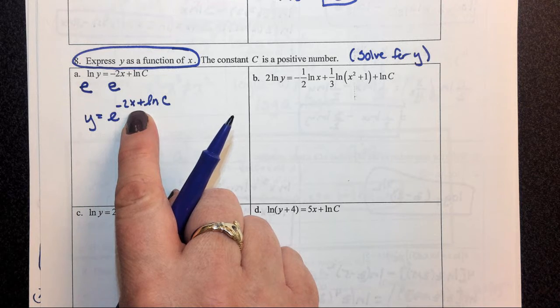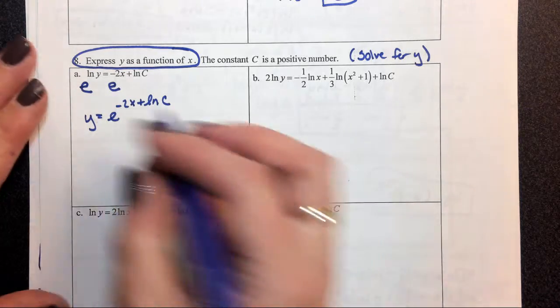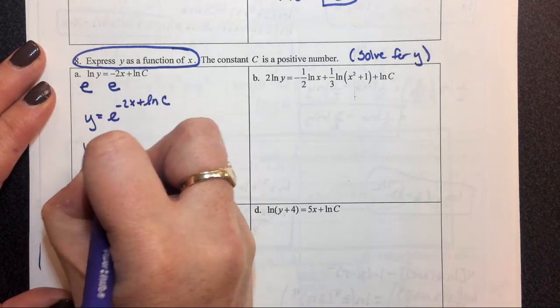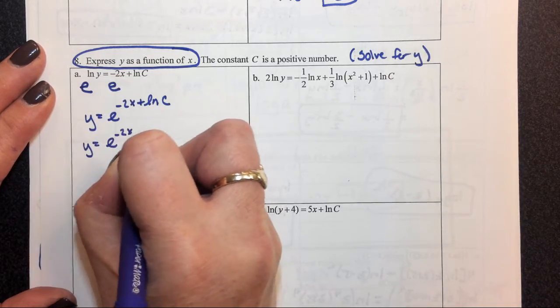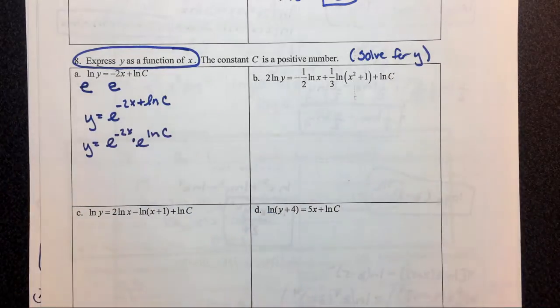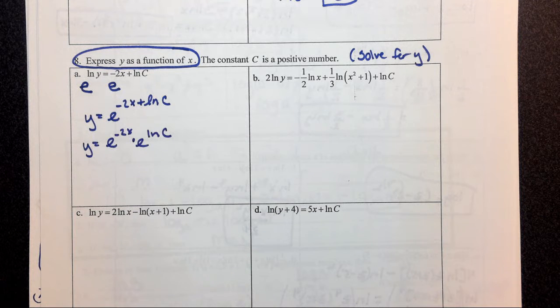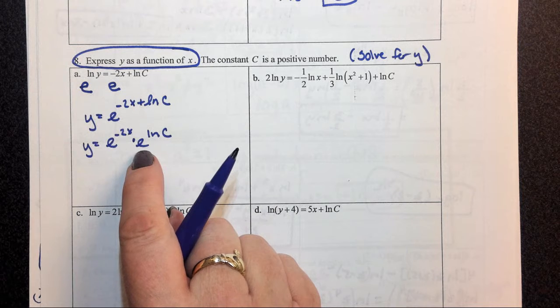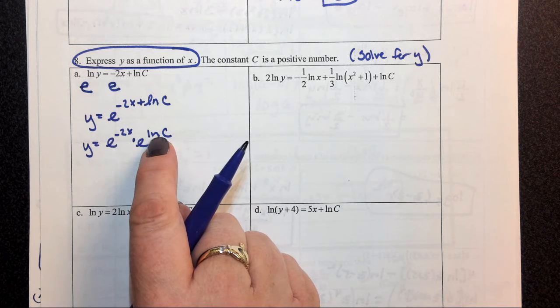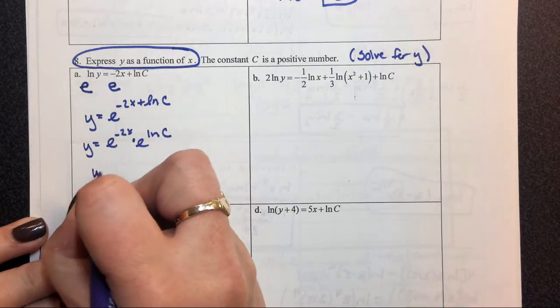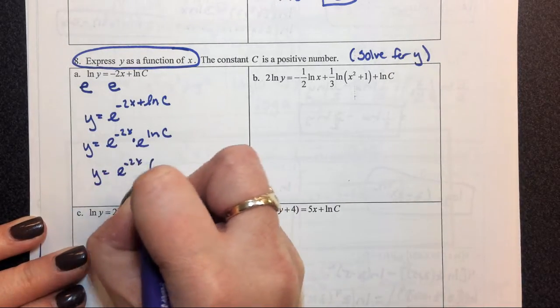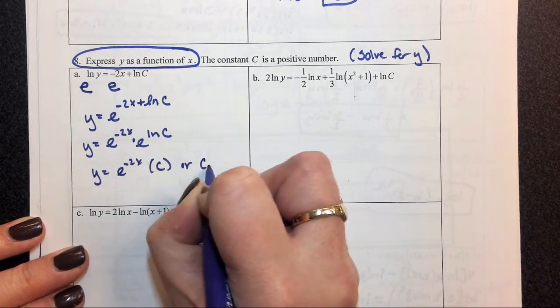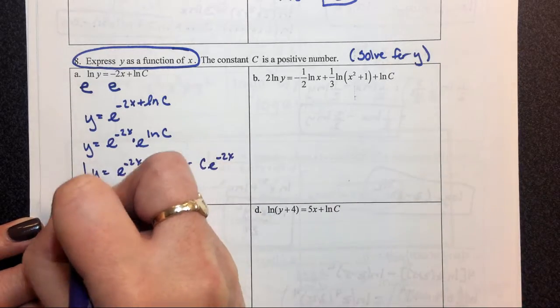We add exponents together when we do what with our bases? Multiply. So I can rewrite the right-hand side as e to the negative 2x times e to the natural log of c. That's what I mean by a lot of times we're going to be undoing those properties of exponents. Well, what happens right here when we have e raised to the natural log of c? That's just going to leave us with what? C. So my final answer is e to the negative 2x times c. Or c times e to the negative 2x.